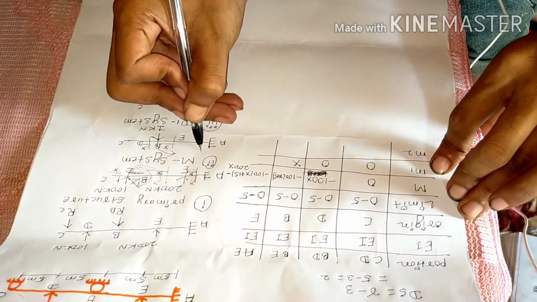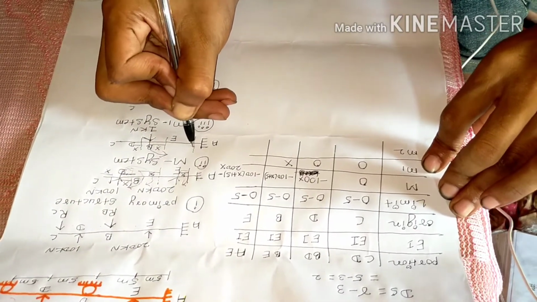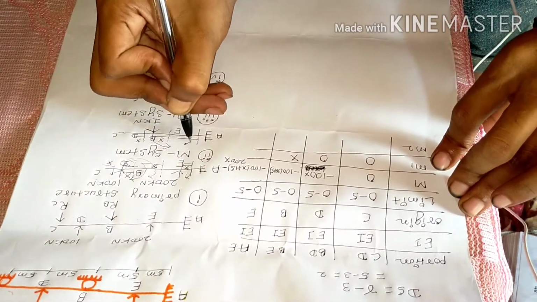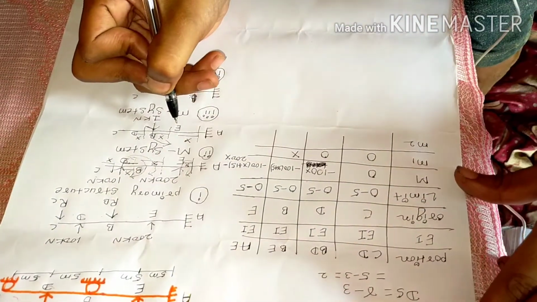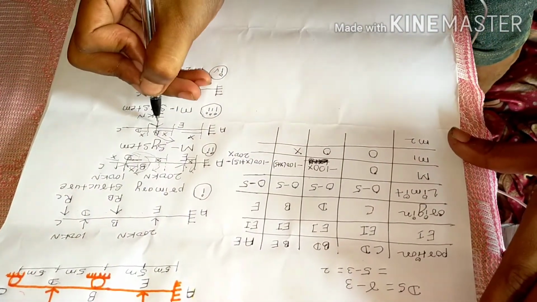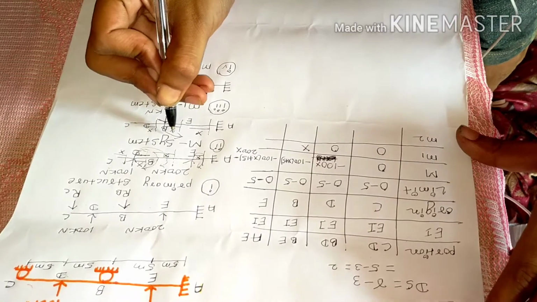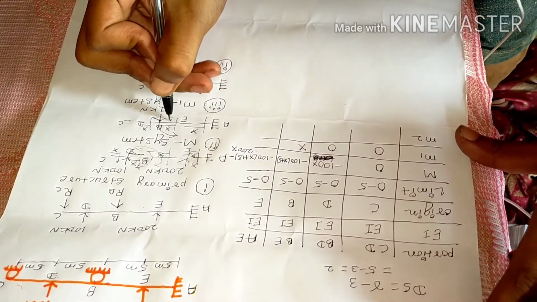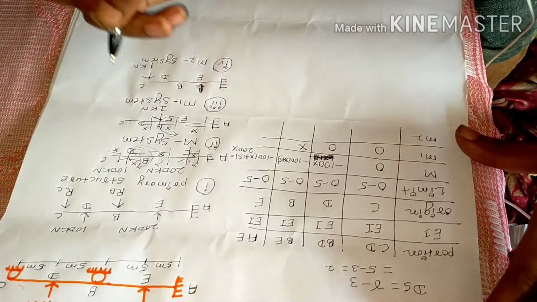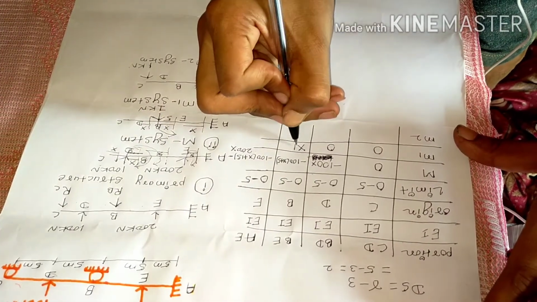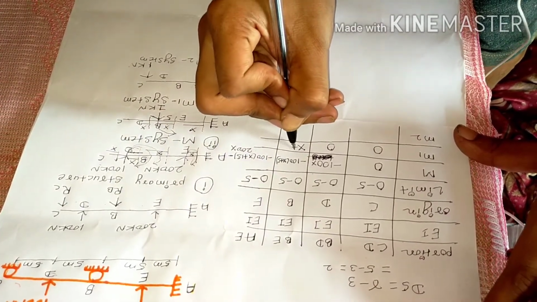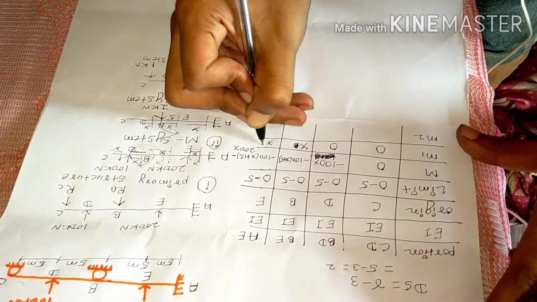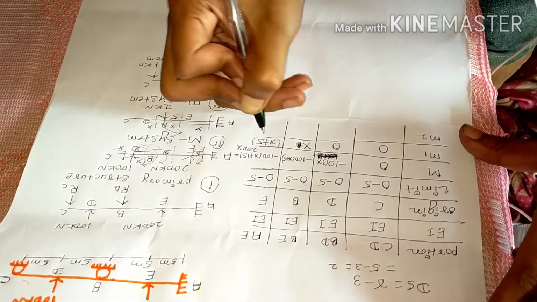Let us take a section at a distance of x from the origin E. This 1 kilonewton force also rotates this section in anti-clockwise direction at perpendicular distance x plus 5. So 1 into x plus 5.